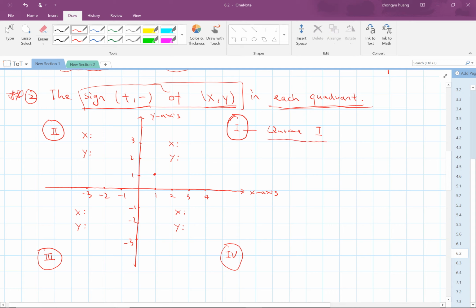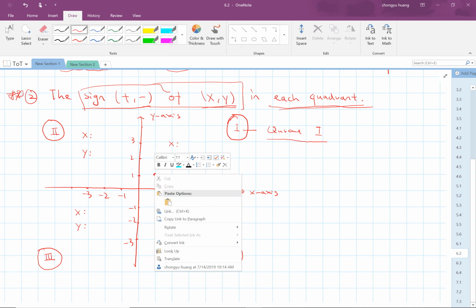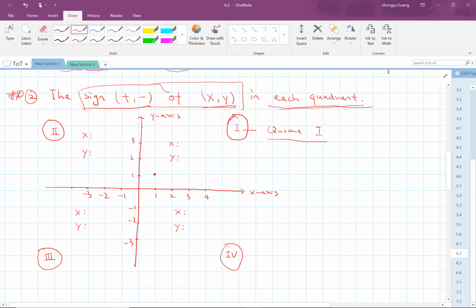You can see over here we have a point, and this point represents (1, 1), because here we have a 1, and here is a 1.